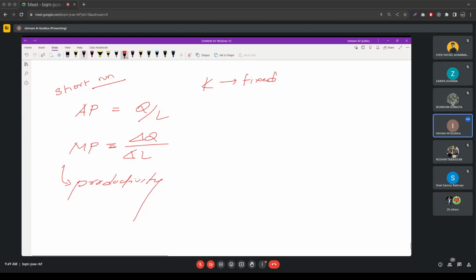Now, which one gives us a better idea? This falls under producer's theory, right? So if you are a producer, you have to make a decision. Which parameter would help you make better decisions?